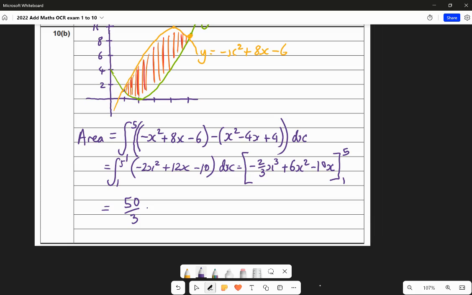So I'm doing 50/3 subtract negative 14/3. And that gives me 64/3, which is my area, or 21 1/3 units squared. So this is an area, so we say units squared.